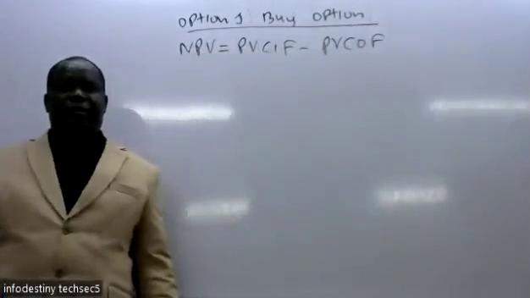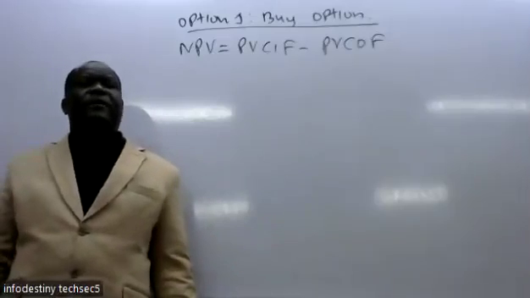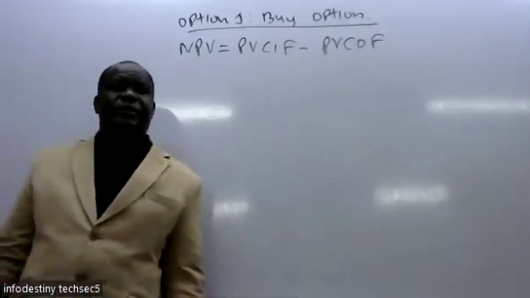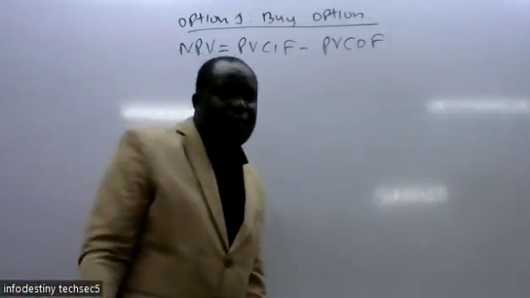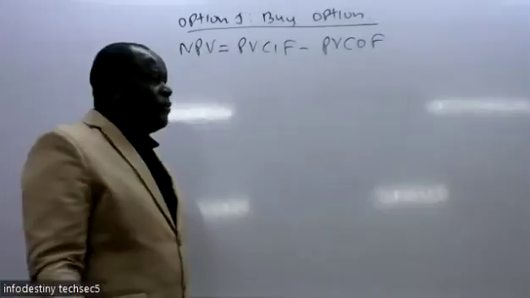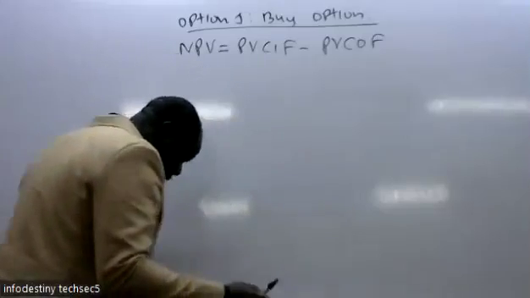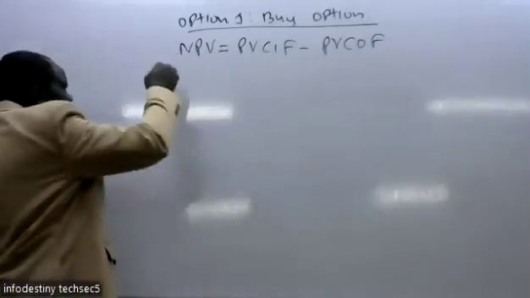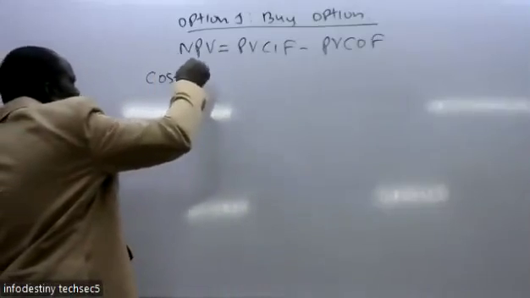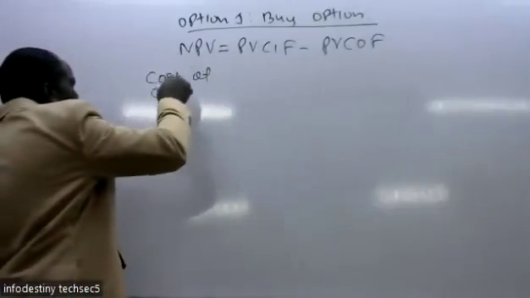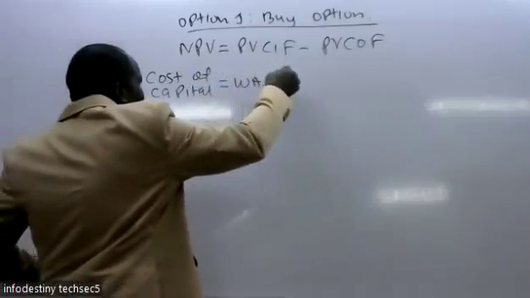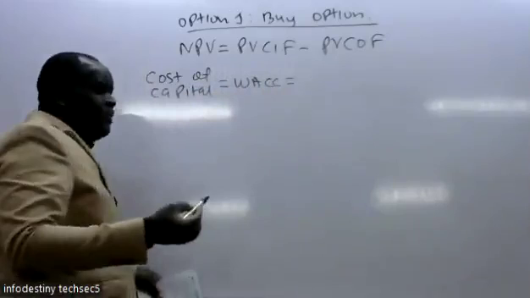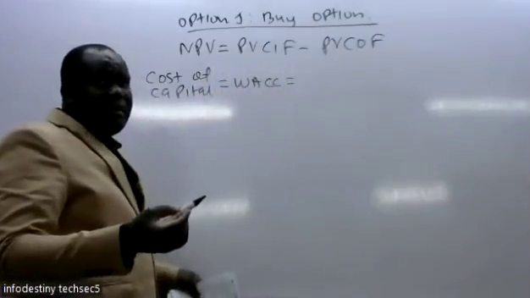What is lacking is the cost of capital, so we need to come up with the cost of capital, which is meant to be the WACC.